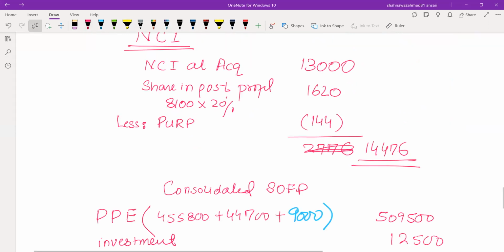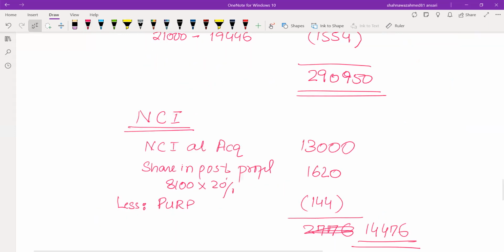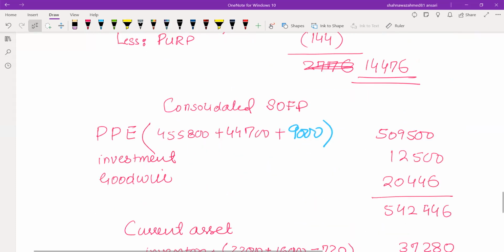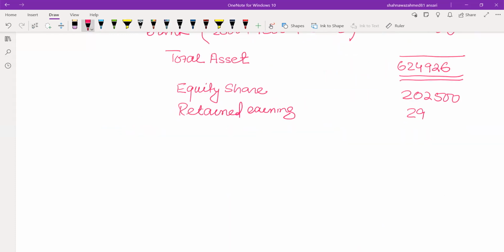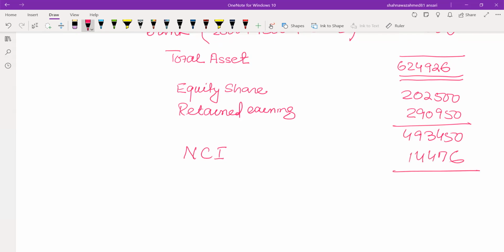We have already calculated this. Consolidated retained earning, 290,950. This is the parent's shares of equity. Then add NCI in. It's 14,476. And this is total equity, 507,926. This is my total equity.